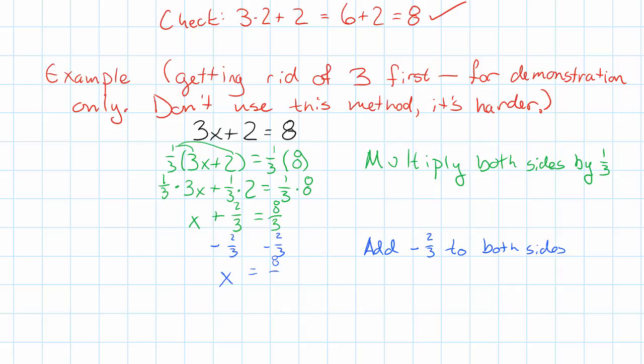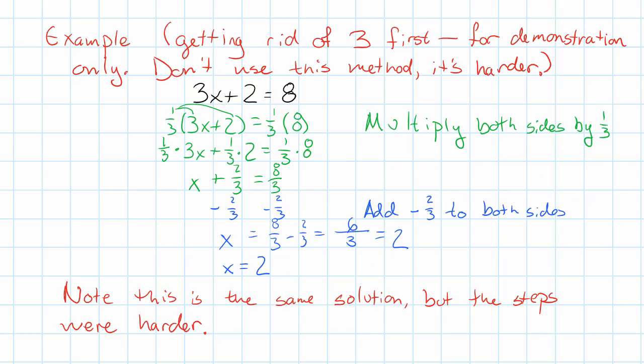I've got 8/3 minus 2/3, which equals, notice the denominators are already the same, 8 minus 2 is 6. Oh, but 6/3 is just 2. I got the same solution, x equals 2, as before. But the steps were harder.